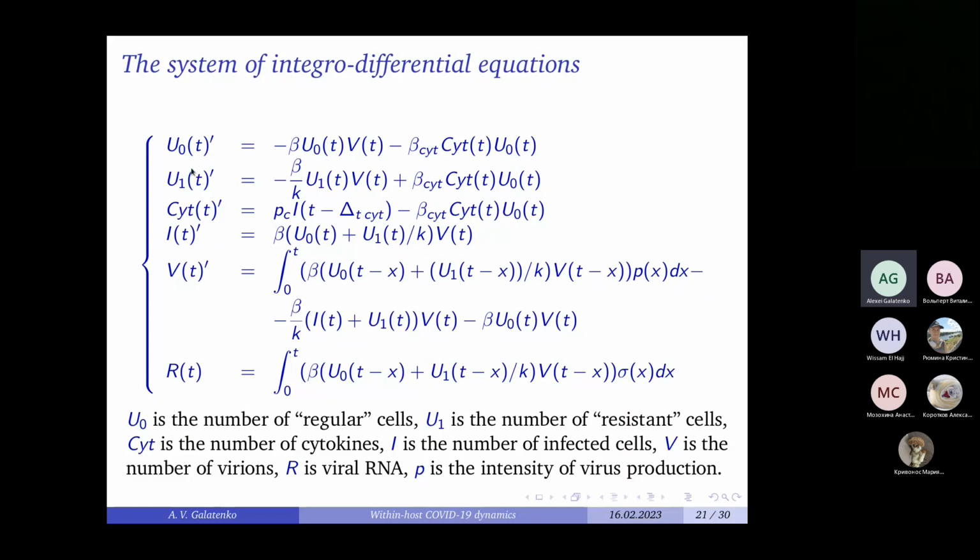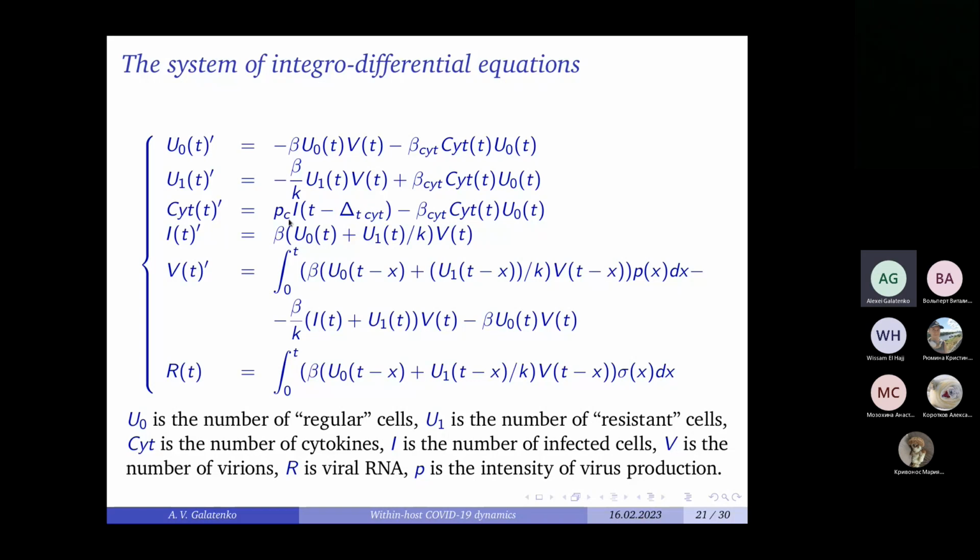And what happens to resistant cells? They emerge from regular cells, and they can be infected with some smaller intensity. K is the parameter determining the reduction in infection rate caused by such immunity.